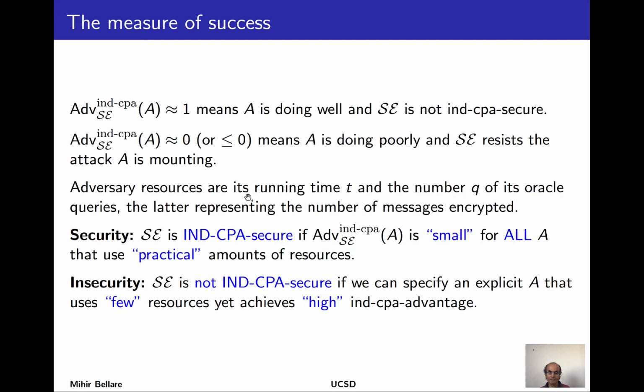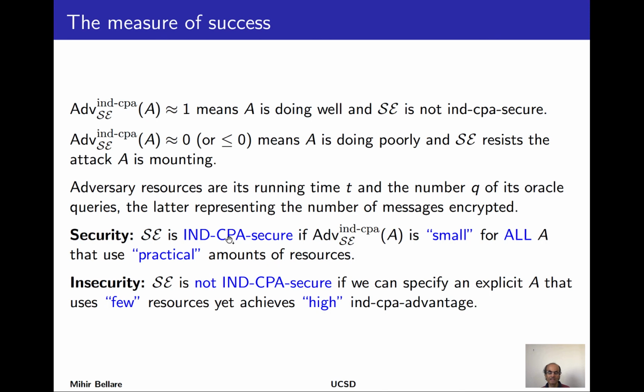Of course, if you invest enough resources in the form of running time and number of queries, you can break any mode of operation, for example, by running exhaustive key search. But that might be quite impractical for modern ciphers. So we measure security by asking how well practical adversaries do at violating IND-CPA. We quantify the running time and the number of oracle queries, and based on those, we see what advantage one can get.